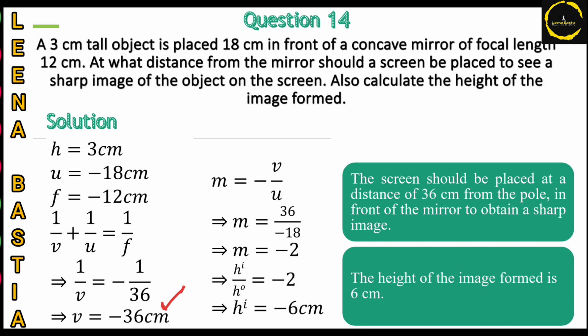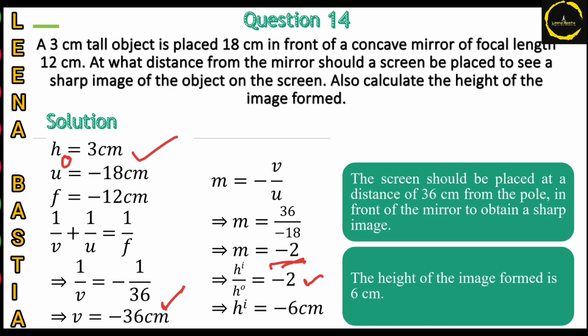Now M equal to minus v by u, substitute the value, you get the magnification value as minus 2. Now substitute in another formula, that is HI by HO equal to M. In place of M it is minus 2, and HO value is 3 centimeter here. So HI becomes minus 6 centimeter.